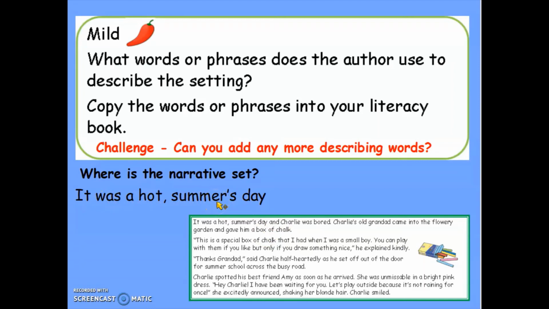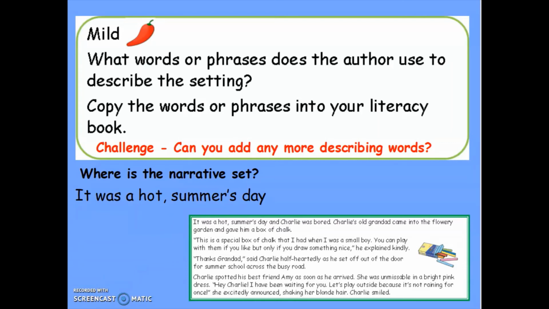The author used a preposition to tell you about the time. Can you find any describing words in the beginning that tells you where the story is taking place? Copy these into your literacy book.